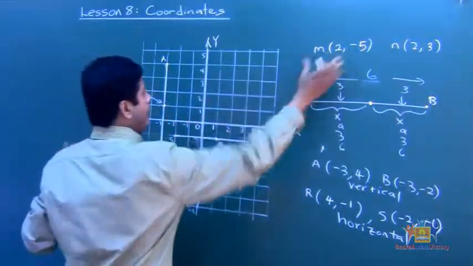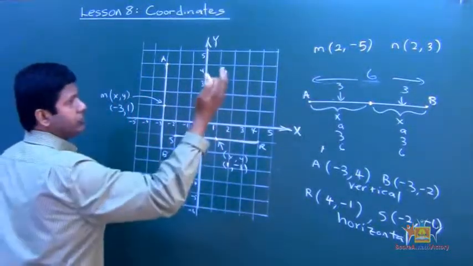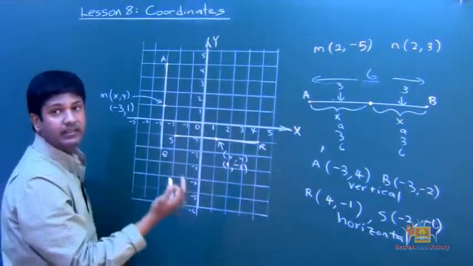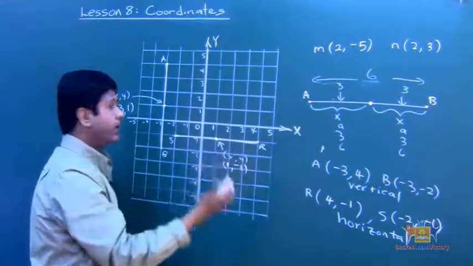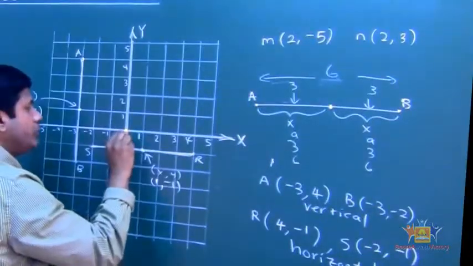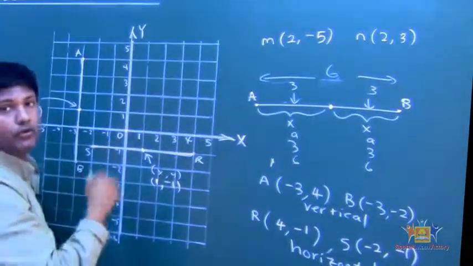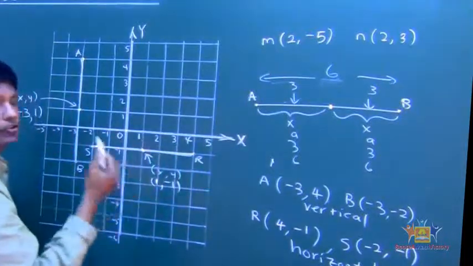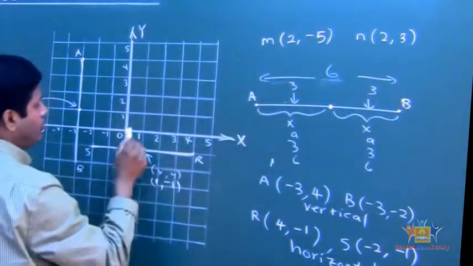Let's take point M and plot it. You've got (2, -5). 2 is positive, which is for x. We start at the center point, which is the origin. Always start at the origin and then move to the right. Why right? Because it's positive. How many times? 2 times, because 2: 1, 2.